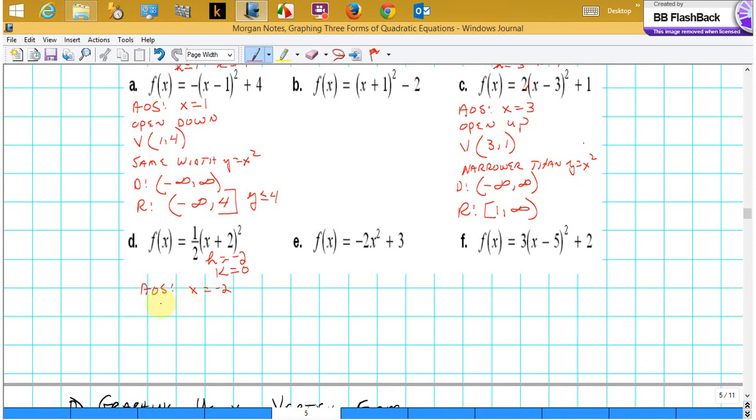What's it going to do? It's going to open upward because this is positive. The vertex will be at negative 2, 0. As far as the width, now this is a fractional number, so this would be shrinking the parabola, which means it's going to bulge at the center. So this would be wider.